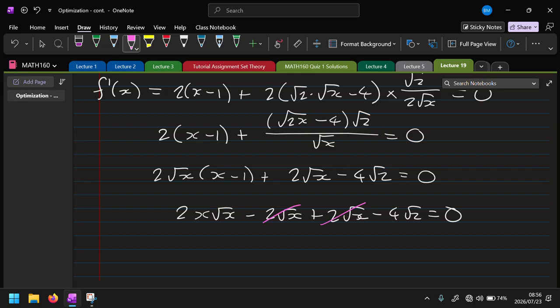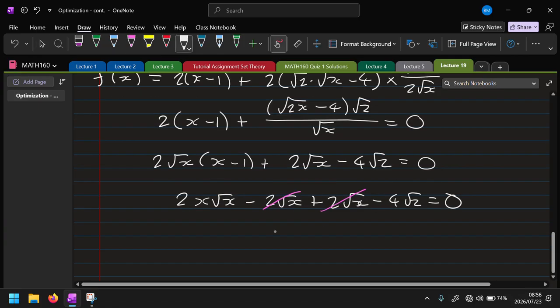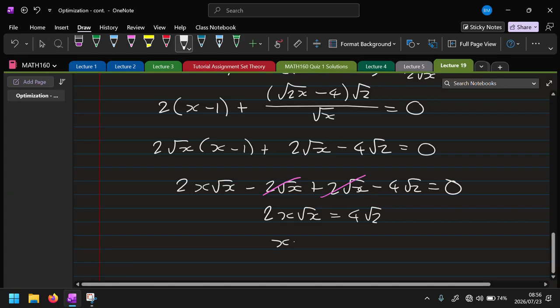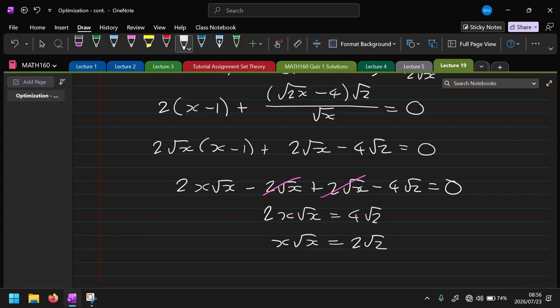This 4 root 2, we can take over to that other side there. Okay, let's get rid of a factor of 2 there. Okay, now we've got this root, we don't want that. Let's square both sides.